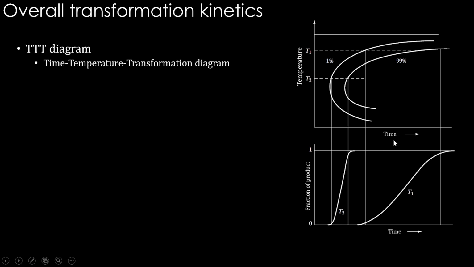So in the temperature versus time graph, we are going to give the start point of the transformation and the end point of the transformation against that particular temperature. So at T2, this is the start point and end point, mark it there. Similarly at T1, what is the start point, what is the end point, mark it there. If you keep marking it for different temperatures and join all the starting times and the ending times of the transformation, you will get this sort of curves.